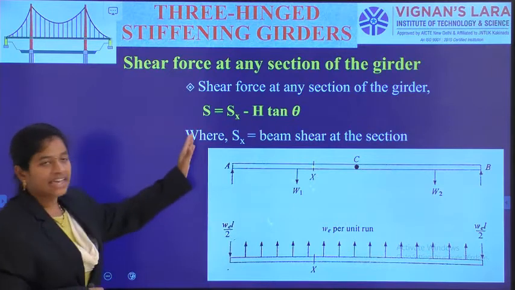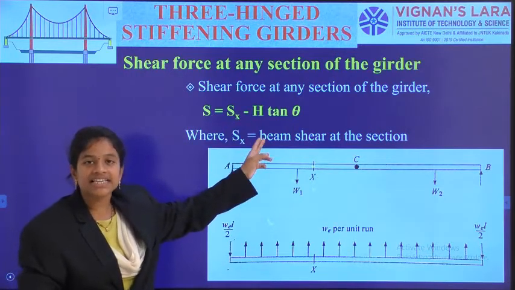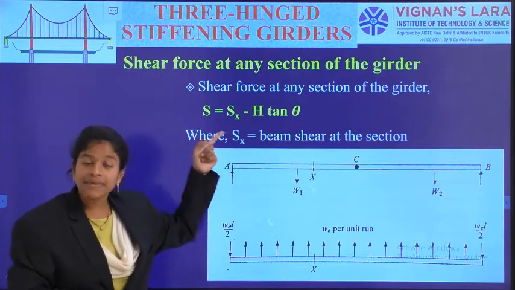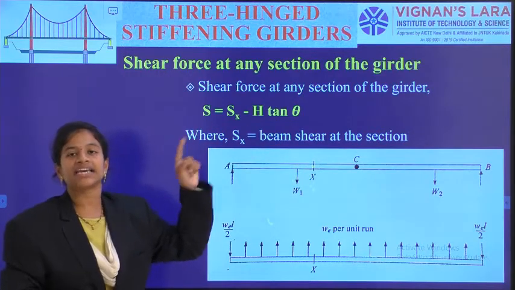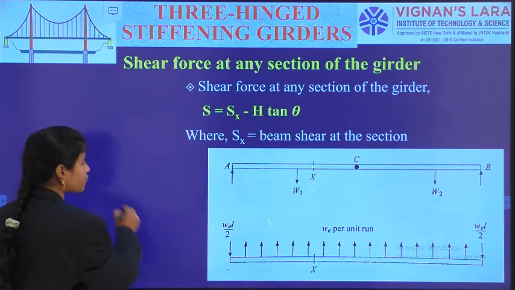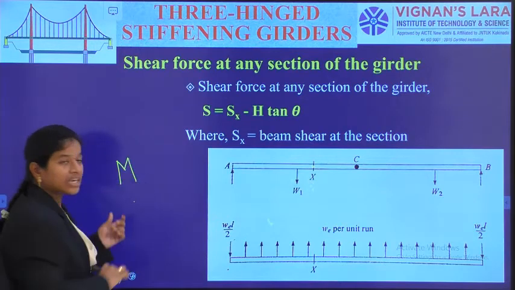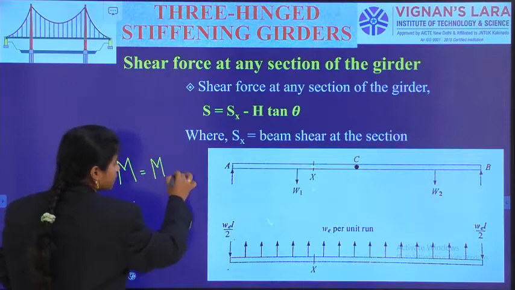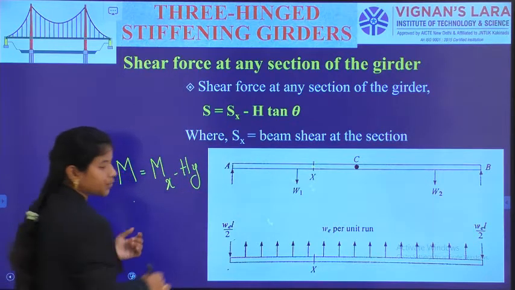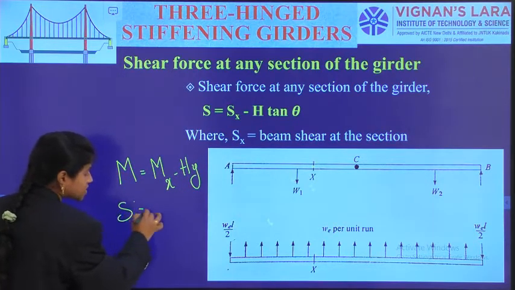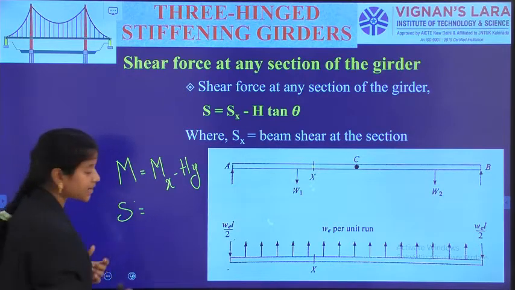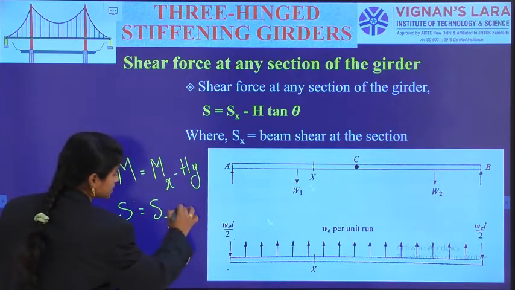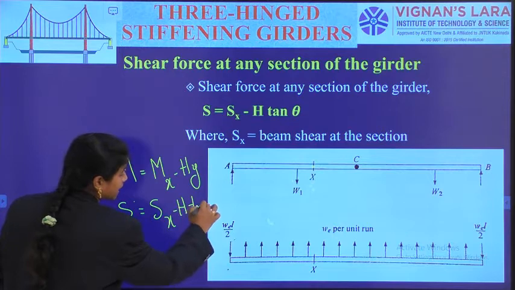In this way, we can calculate S equal to Sx minus H tan theta, and M equal to Mx minus Hy. You need to remember these two formulas only. Actual bending moment in the girder is equal to Mx minus H into y, and actual shearing force in the stiffening girder is equal to Sx minus H times tan theta.